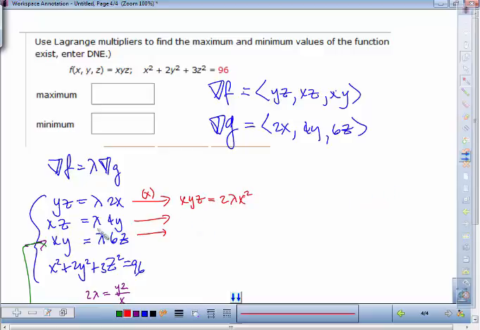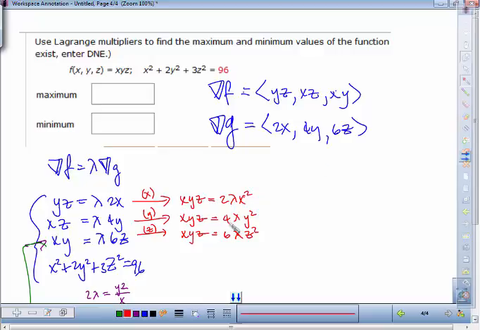And the second one, if we multiply it by y, we get xyz is equal to 4 lambda times y squared. And then the last one, multiply that by z, we have xyz is equal to 6 lambda z squared.